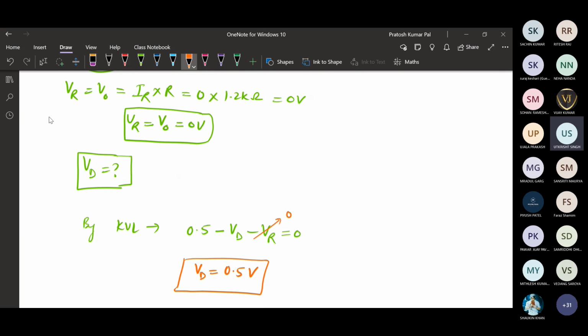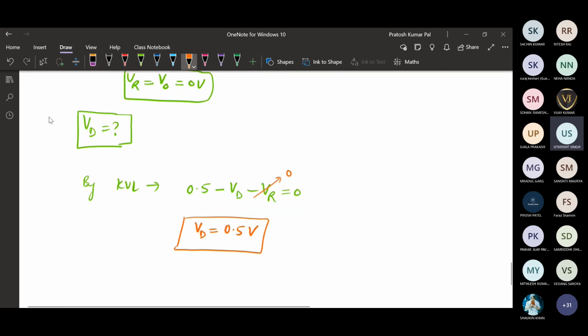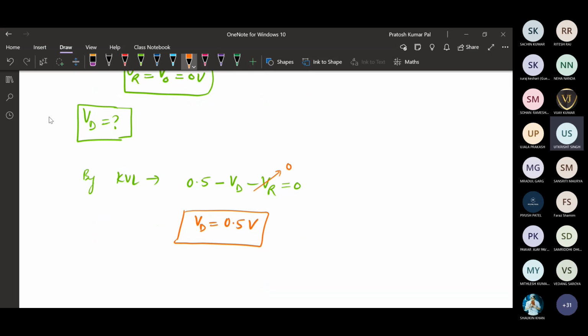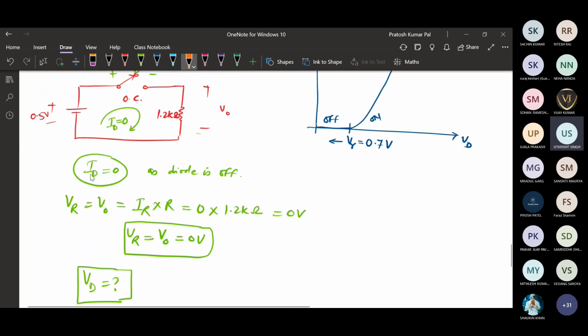So this is the voltage drop across the diode, the current flowing through this is 0 ampere, and the voltage drop across the resistor is 0 volt. This is basically the analysis in case of the diode.